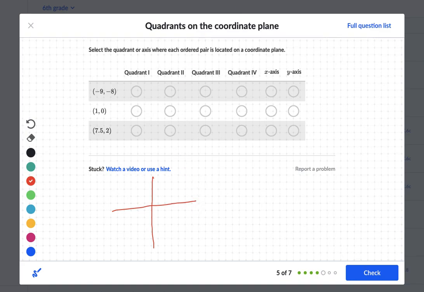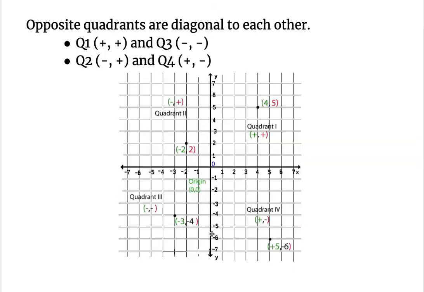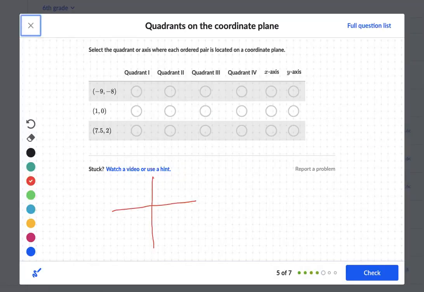This is why knowing the pattern is very important, or else you're going to have to plot all of that. So let me go ahead and set up my quadrant names. Quadrant 1, Quadrant 2, Quadrant 3, and Quadrant 4. And I'm just going to label like 2 digits on each of them, okay?